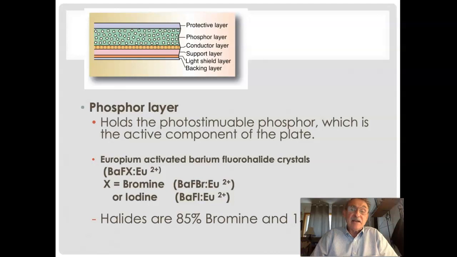And these are halides. They are 85% bromide and about 15% iodide. So that is the emulsion, if you will, or more specifically, the photostimulable phosphor that we use as the active portion of obtaining an image in the CR paradigm.